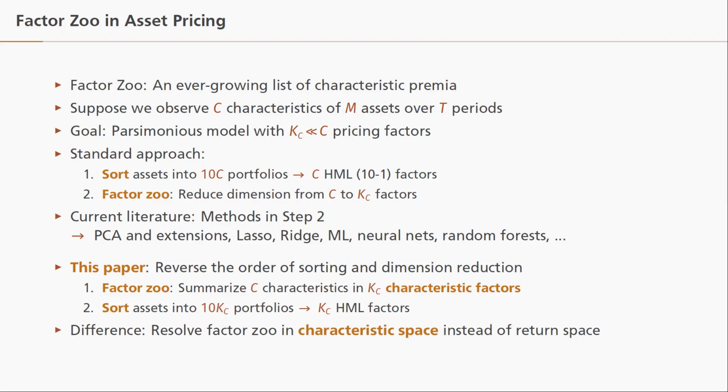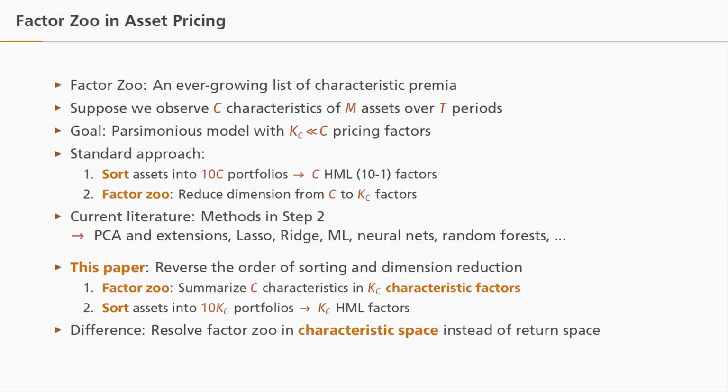Then once I have these factors, I can treat them just like the original factors: I can sort, form portfolios, and then high minus low portfolios. The difference is that here the dimension reduction is in the return space, and here it is in the characteristic space. So I will reverse the order.